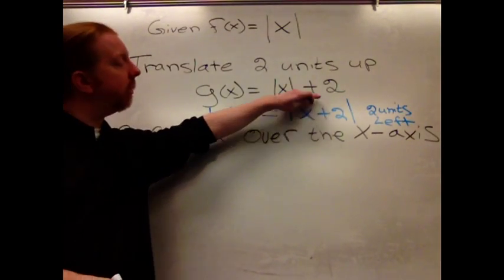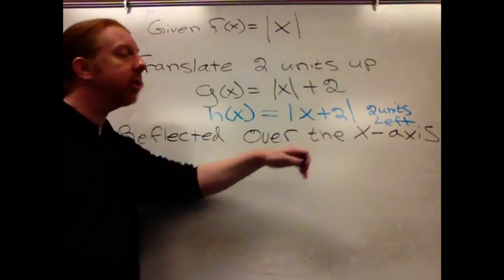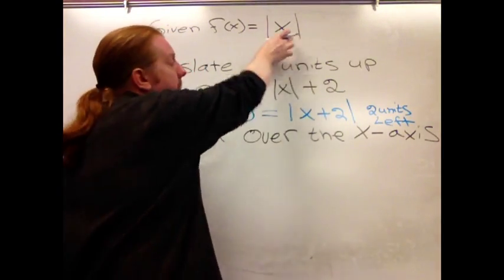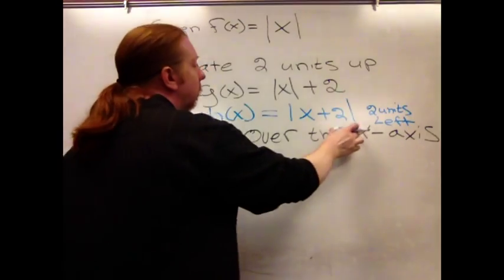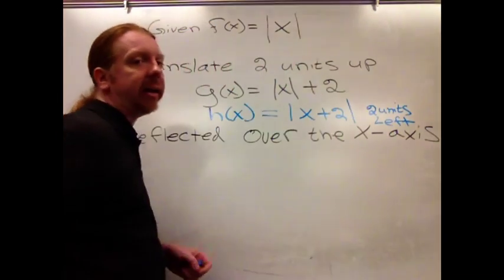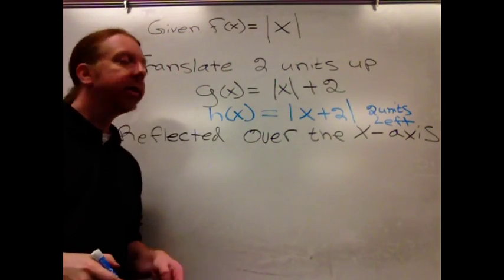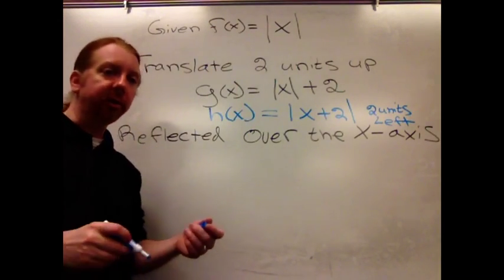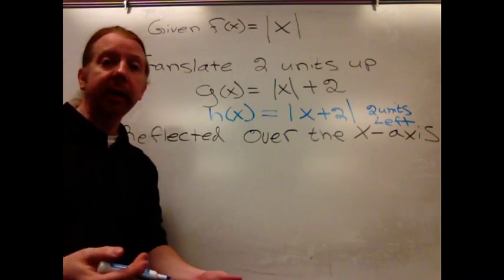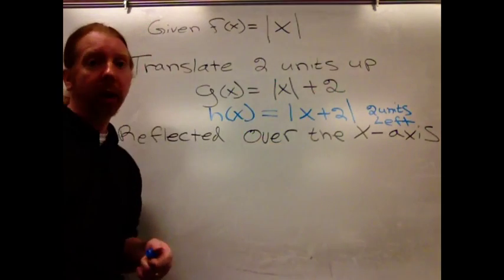And notice the difference between the two statements. 2 units up is outside the absolute value bars for my parent function, whereas 2 units to the left is inside the absolute value bars compared to my parent function. And we always work back to that basic parent function. Where did it begin? And then we can talk about where it ended.